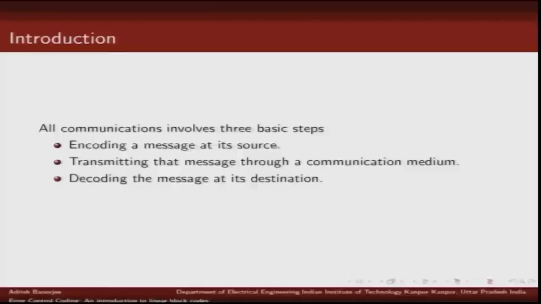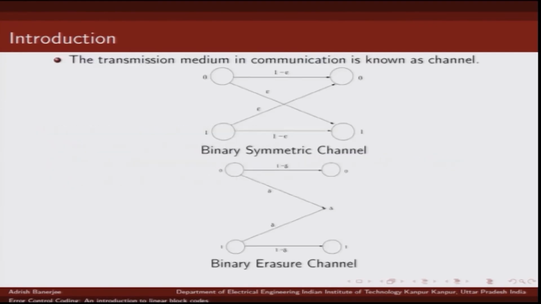So information theory basically gives us fundamental limits on the best compression that we can achieve. It also gives us fundamental limits on the maximum transmission rate possible over a communication channel.